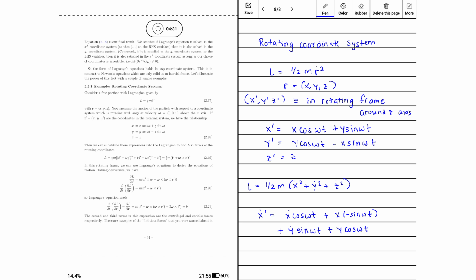So let me check. I have the notes alongside with me, so I can directly verify. So why is it y dash minus plus omega x dash?